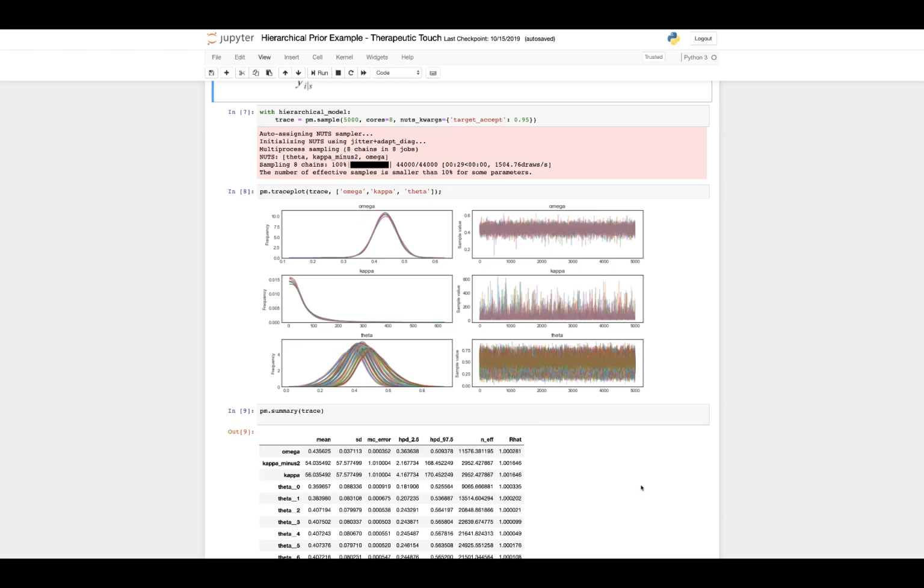All right, here's the run of the model, and we can see that again we've got good convergence on all fronts. The omega and the kappa both show good convergence. The kappa, of course, is showing what we would expect, which is a skew in it because it's bounded below by 0.